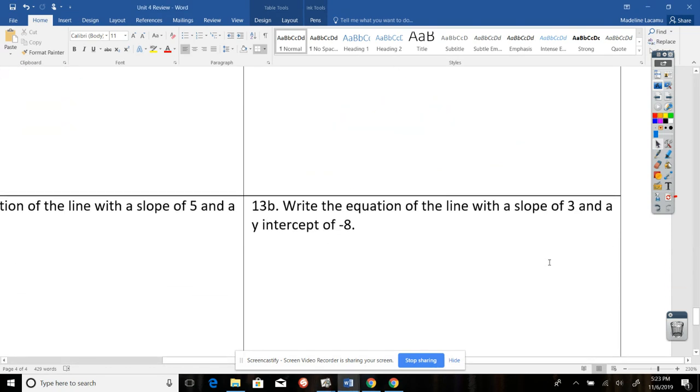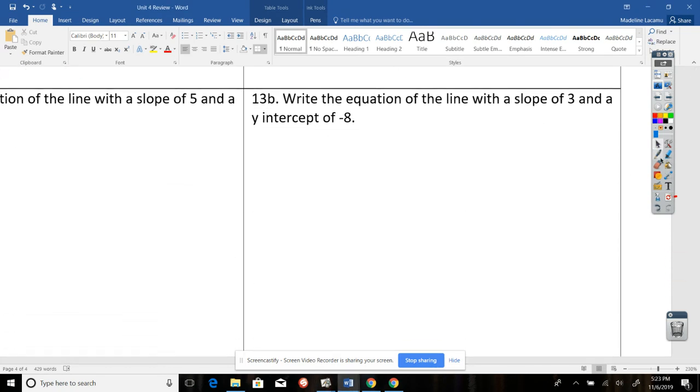And our last question, we have 13b. So this one says, write the equation of a line with a slope of 3 and a y-intercept of -8. So we're going to use slope-intercept form, which is y equals mx plus b. So the two things we need are m and b. Notice this question tells you the slope is 3. So since m represents our slope, we know m equals 3.